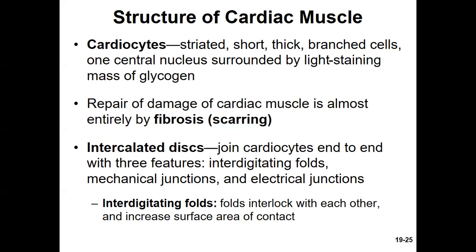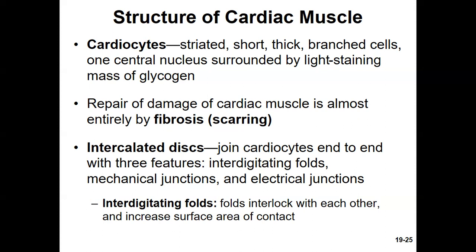These intercalated discs are what join the cardiocytes with three different features. These are interdigitating folds. Look up interdigitating folds so that you can know what it means and what it looks like. It connects them with mechanical junctions and electrical junctions.